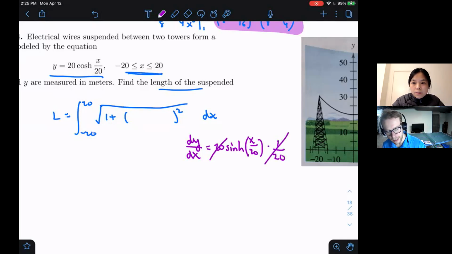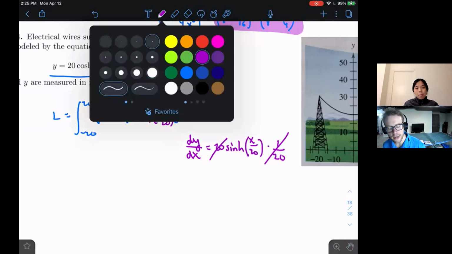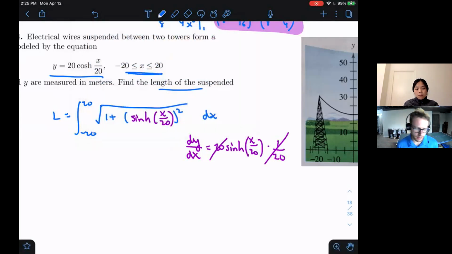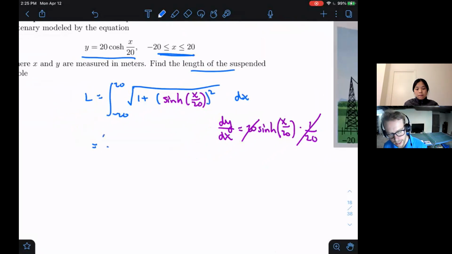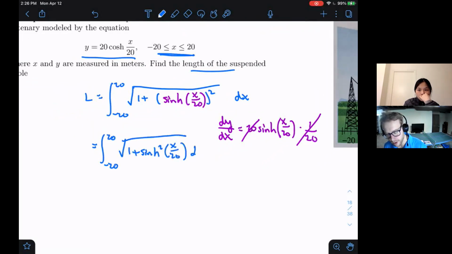And so, okay, we can substitute in then. This is going to be hyperbolic sine of x divided by 20, and it's being squared, added to 1, put inside of a square root, all that good stuff. And so let's take one line to simplify this. The integral from -20 to 20 of the square root of 1 plus hyperbolic sine squared of x divided by 20, all inside of my square root here.